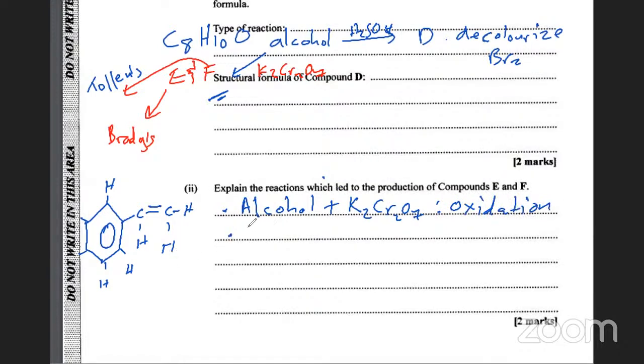Also, we know that primary alcohol will be oxidized to an aldehyde, and secondary alcohols are oxidized to ketone.